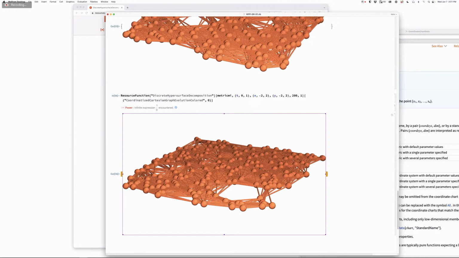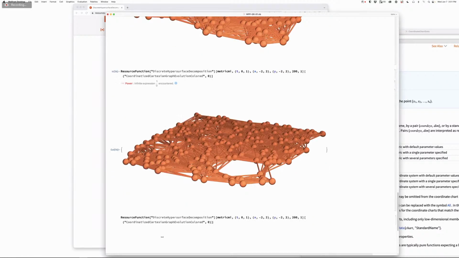But this is pretty messy. How would I re-render this? It doesn't have to be coordinatized, right? Well, for now let me make it coordinatized. But let's make it not tubular, and let's just see what's going on.